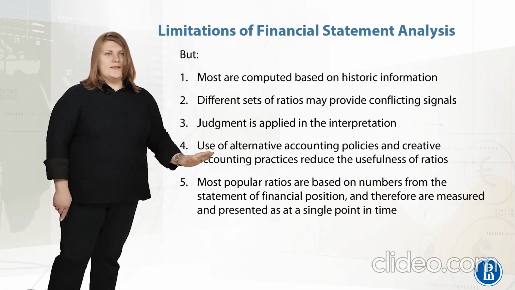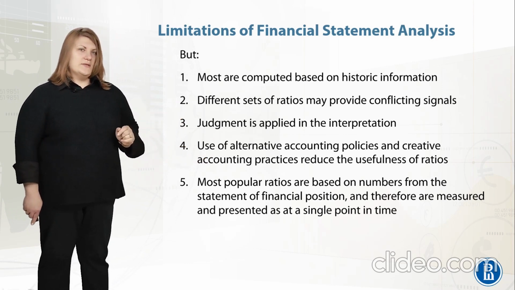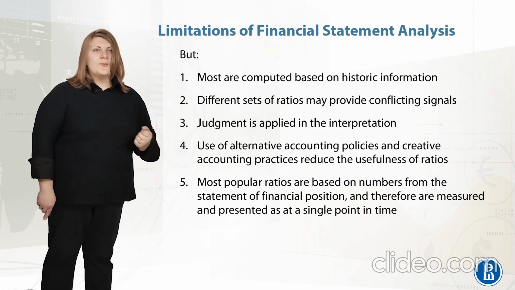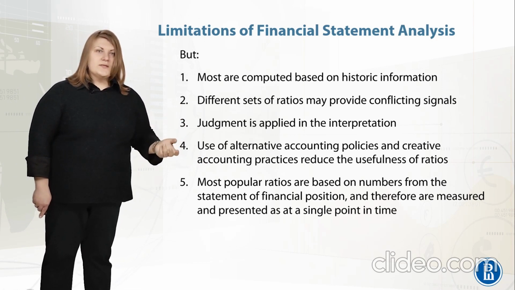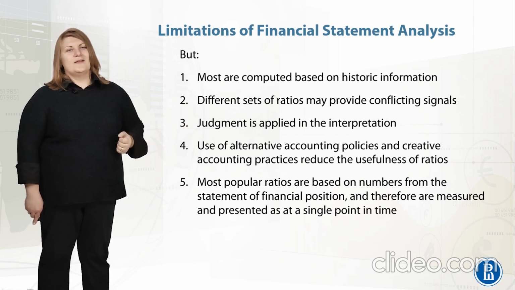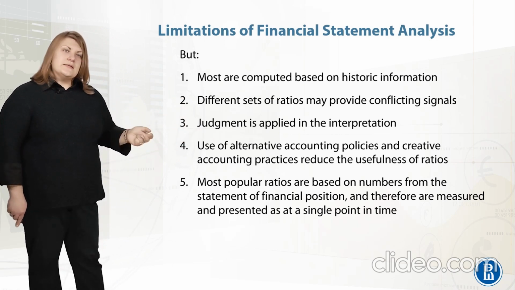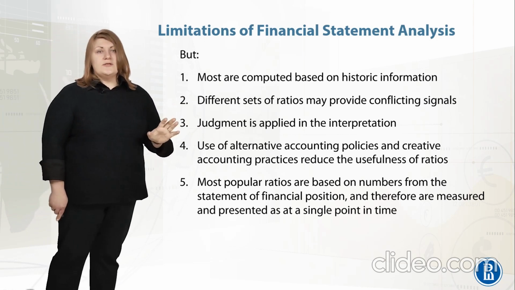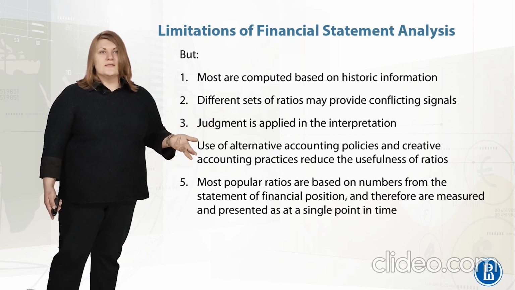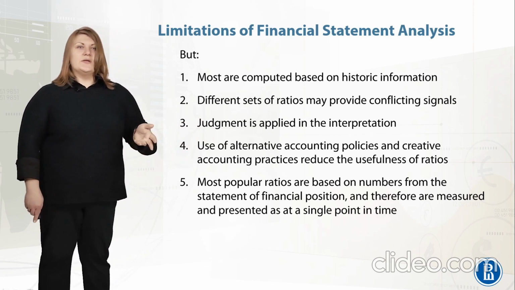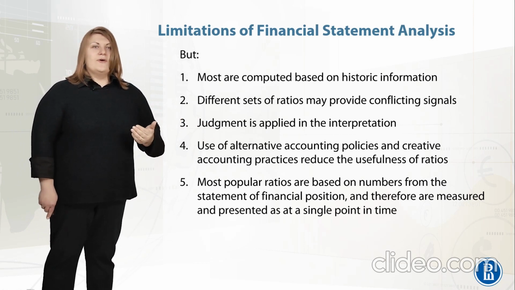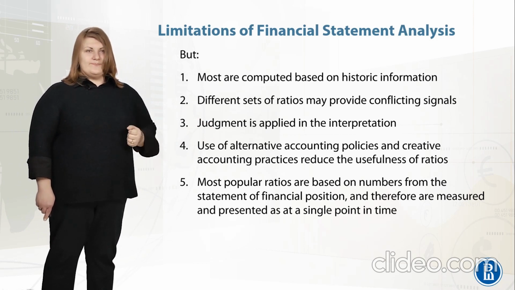As I already said, most of the ratios are computed based on historical information, which means that they have almost no relation with market values. The second limitation is that there are different sets of ratios, which may provide conflicting signals, especially when you are comparing results of the analysis provided by different analysts.